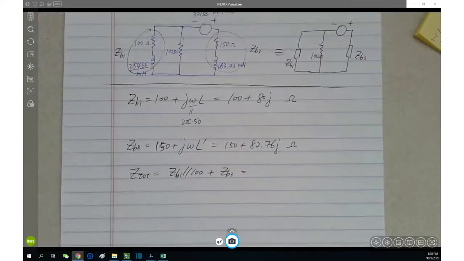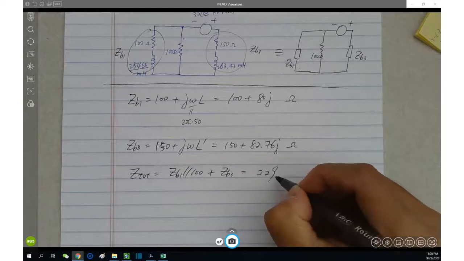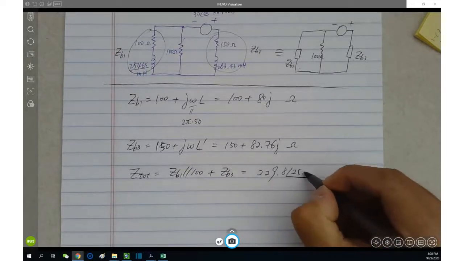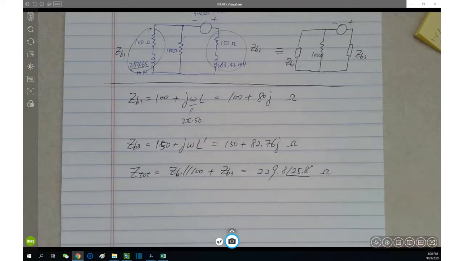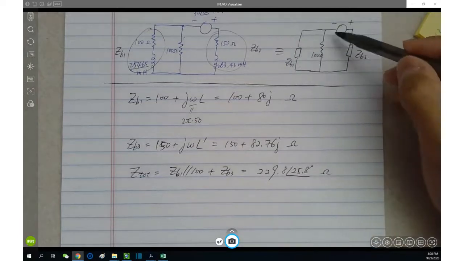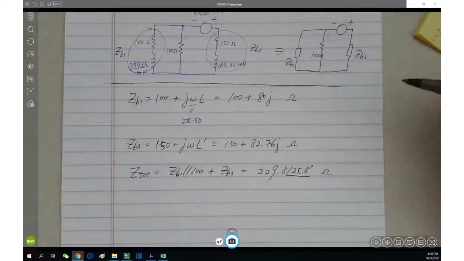After some algebra, you end up with around this number. What does total impedance mean? The equivalent circuit is just one source feeding one single total impedance.